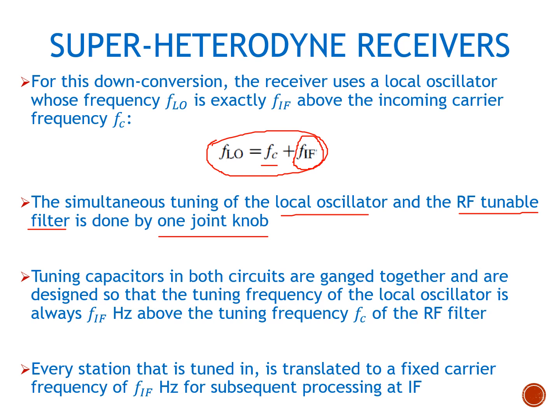As we increase the RF tunable frequency, we have to add FIF to it. Similarly, the knob that increases this RF tunable frequency also increases the frequency of the local oscillator at the intermediate stage. So the difference between the local oscillator frequency and the carrier frequency always remains equal to FIF.